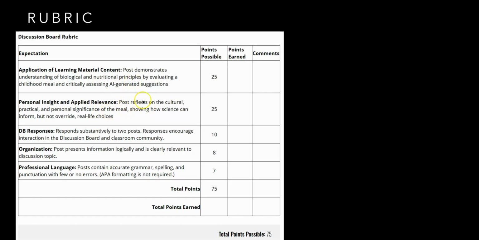And then, as far as the second part, the post reflects on cultural, practical, and personal significance of the meal, showing how science can inform but not override real life choices. This one is more where you're answering, why was that meal important to you? What are the benefits to it, the weaknesses based on science and what we understand about nutrition, and then the realistic aspects of replacing some of the things that AI suggested.